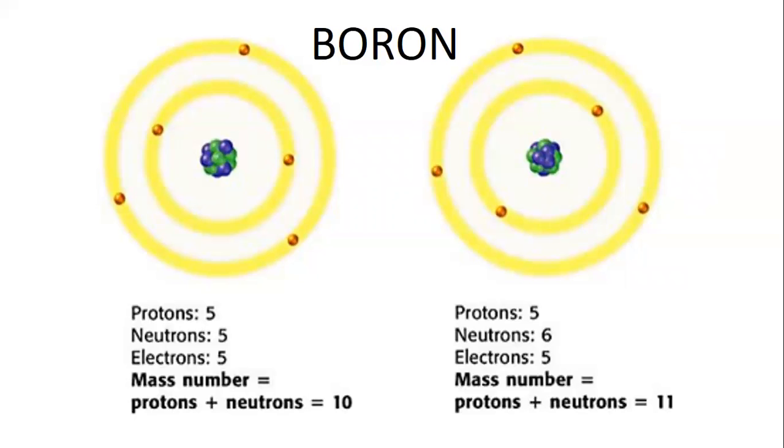The carbon isotope with a mass number of 12 is called carbon 12. If you know that the atomic number for carbon is 6, you can calculate the number of neutrons in carbon 12 by subtracting the atomic number from the mass number. For carbon 12, the number of neutrons is 12 minus 6, or 6.